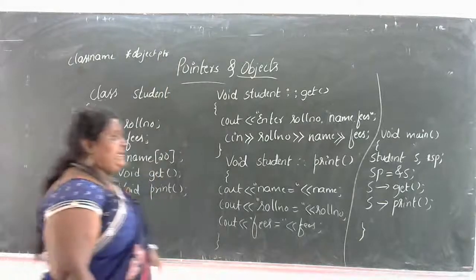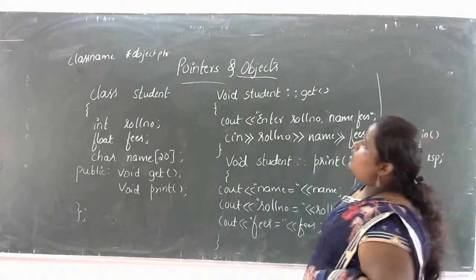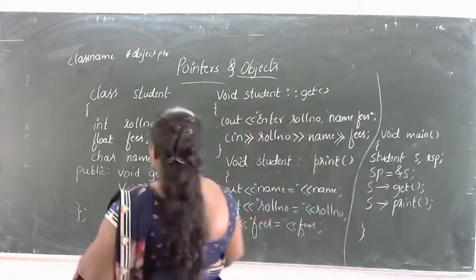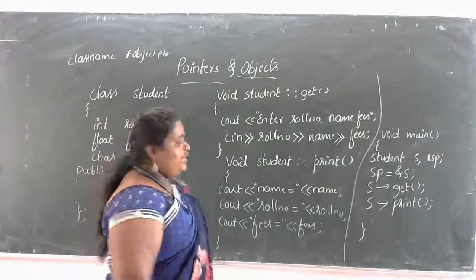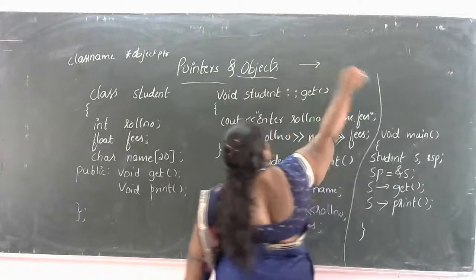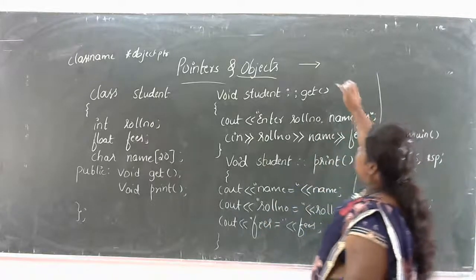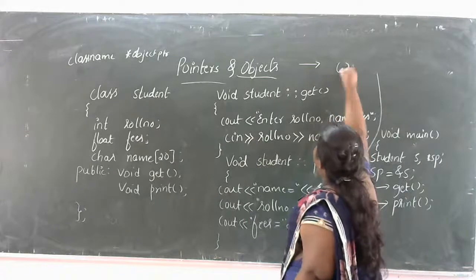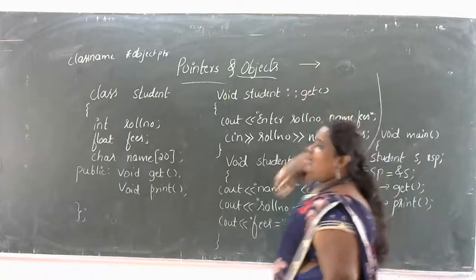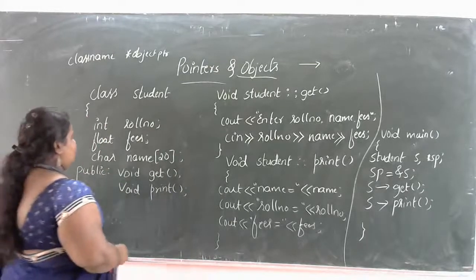We are accessing the members of your data by using the arrow symbol. We are going to access the data members using the arrow symbol instead of dot. Instead of the dot operator, we are using the arrow operator to access the data members of your class.